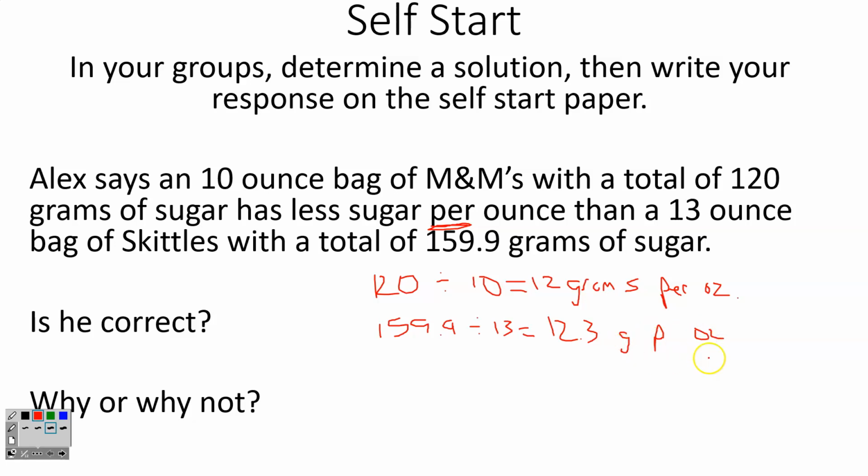I'm going to just use the abbreviation so I don't have to spell it out. So is he correct? The M&Ms does have less sugar per ounce, so the 12 versus 12.3. So he is correct. And why or why not? Because 12 is less than 12.3.